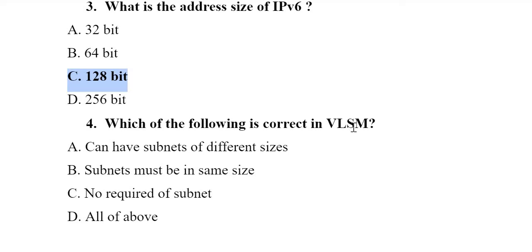But if I am giving department A 40 IP addresses and department B 5 IP addresses, a variable number of IP addresses, that is called variable length subnet mask.